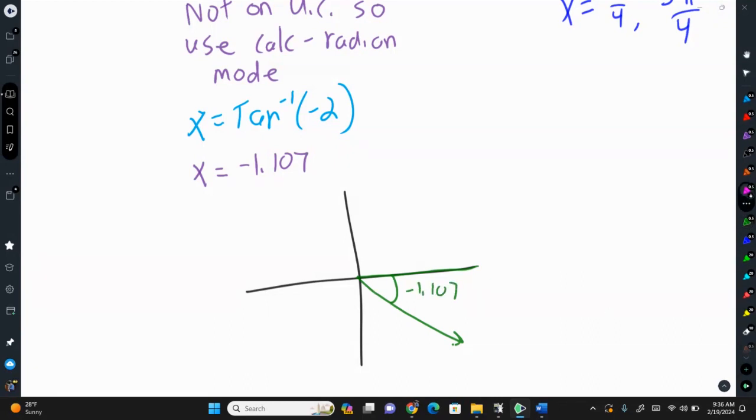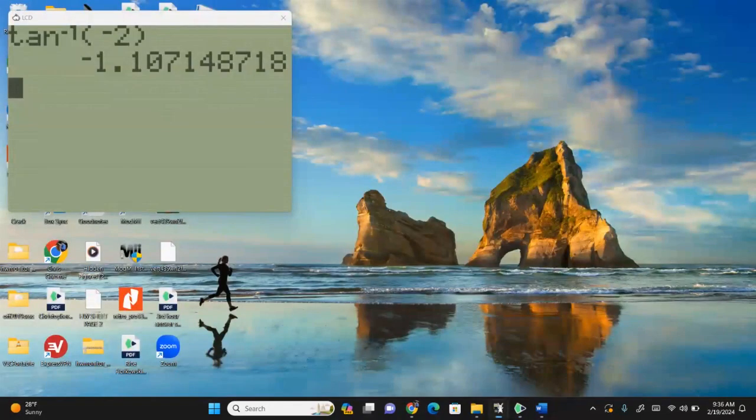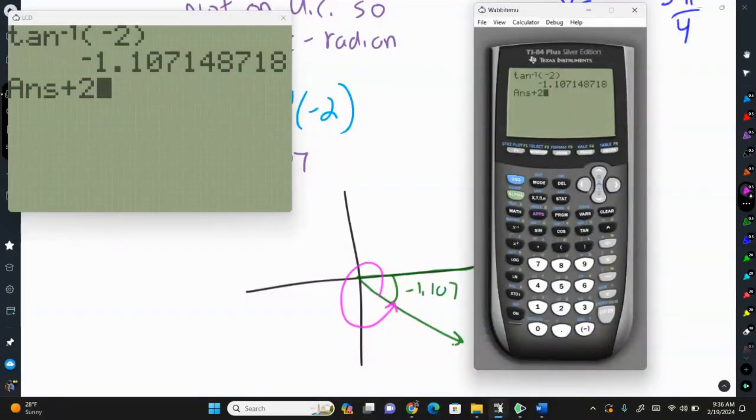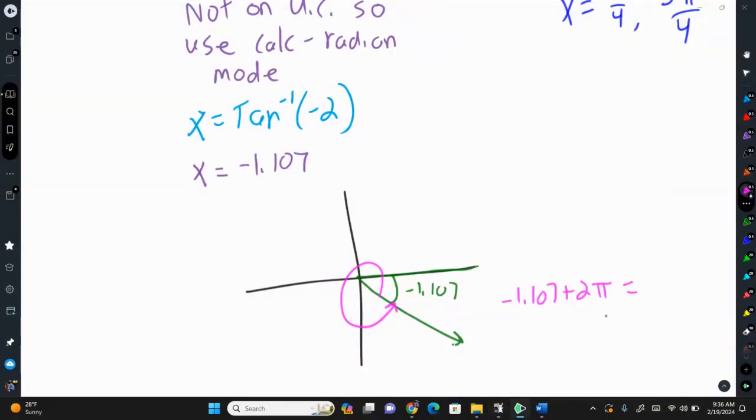So then to get that positive angle, we would add 2 pi to it. So negative 1.107 plus 2 pi. That will give us one angle. So 5.176.